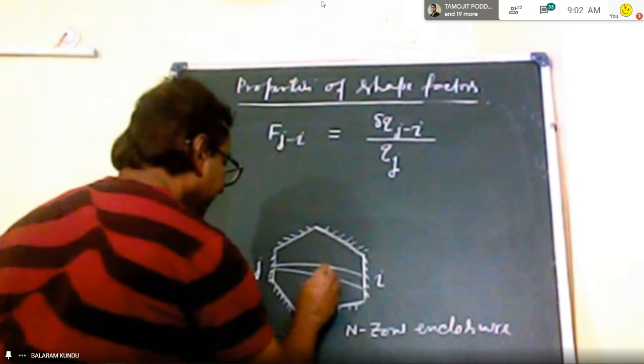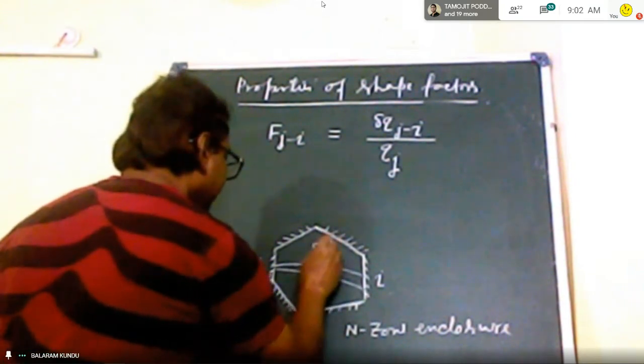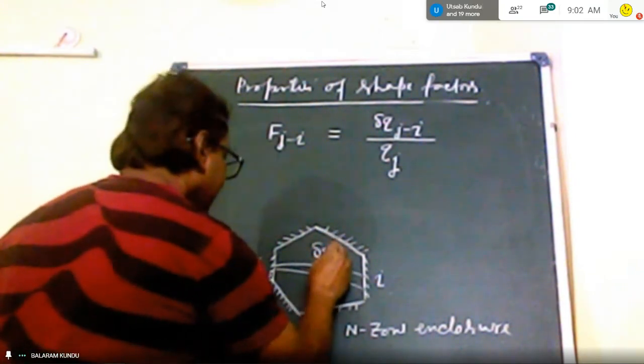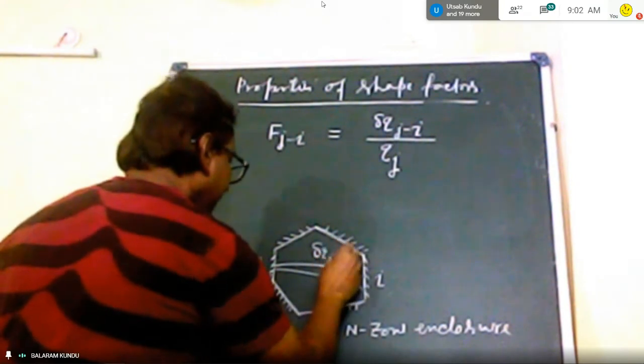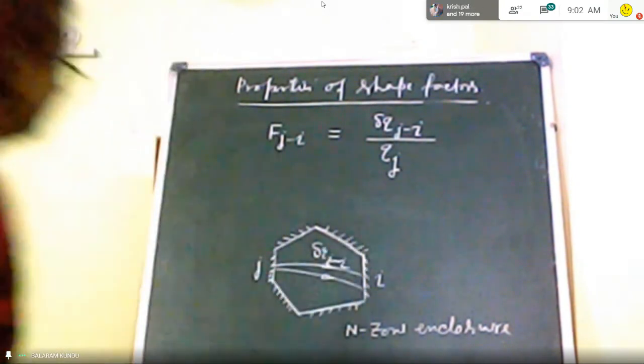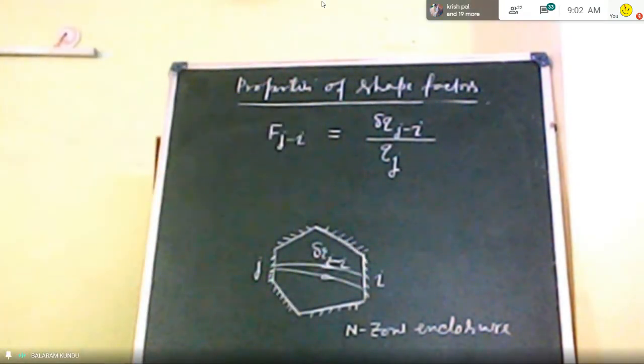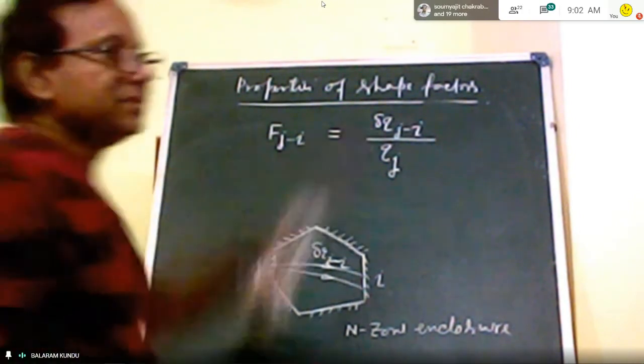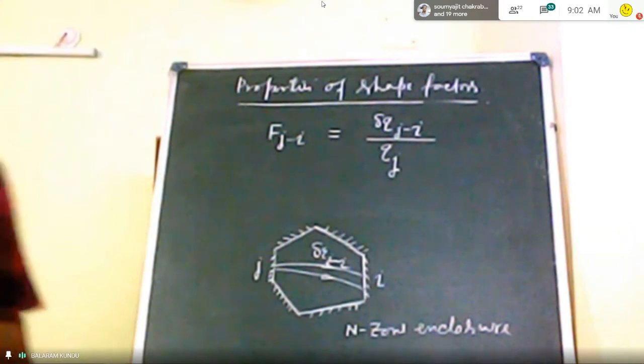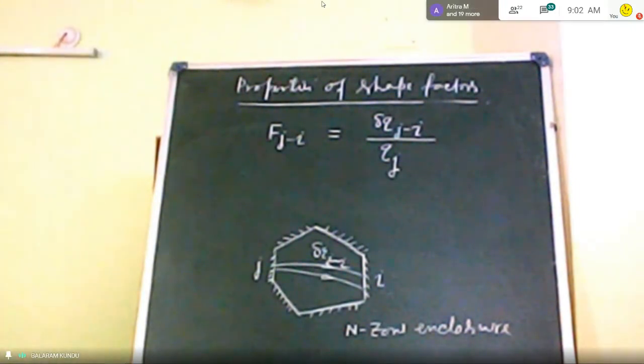And Q J is the total amount of radiation energy emitted from surface J, that is Q J.